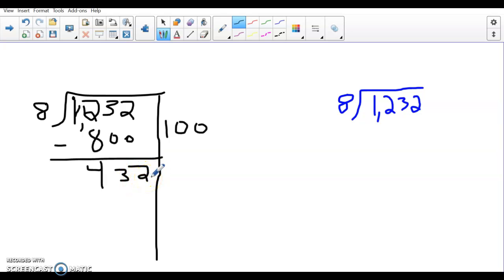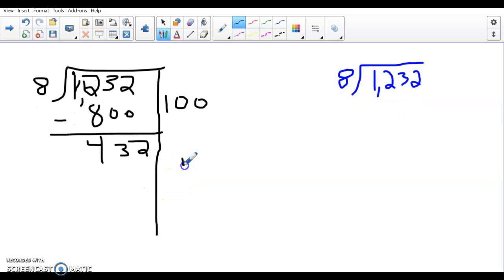You can count 8, 16, 24, 32, 40, and then you'd get to 48, so that's too much. So if you do 5 8s, and in this case you'd need 50 8s because you're dealing with 432, 5 times 8 is 40, and then my 0 needs to be in there as well. Oh. And now I subtract, and I have 32.